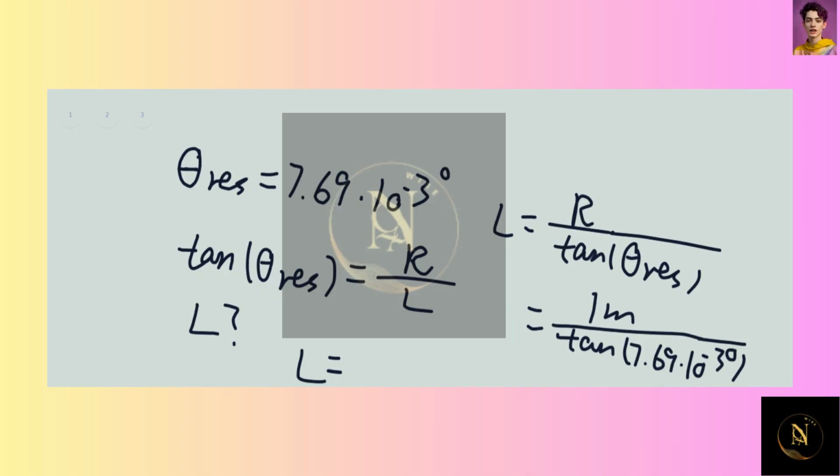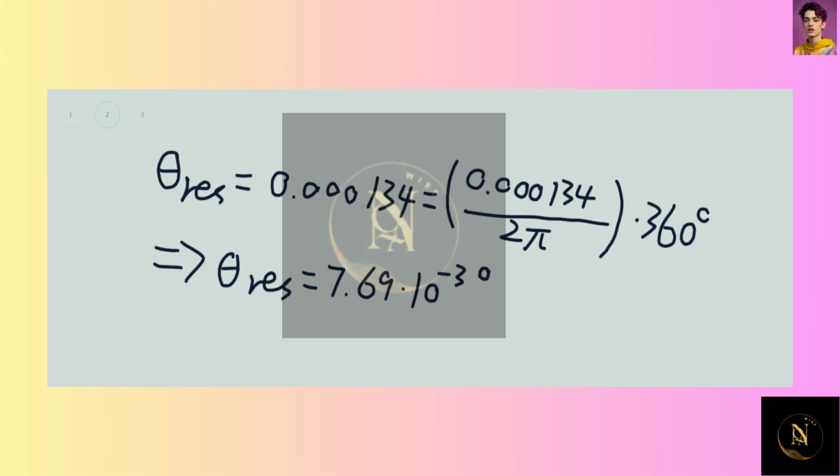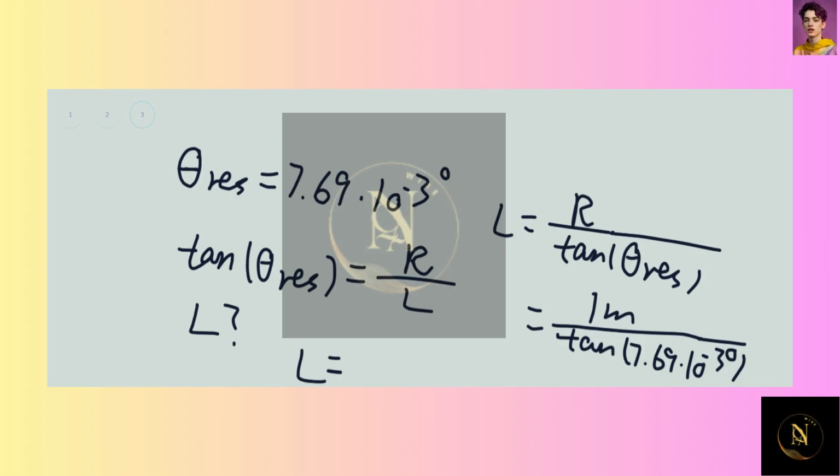We can just use the radians from the previous question. You can see here theta resolution is equal to 0.000134. Let's just leave this one. Yeah, just use this one since it seems easier to calculate.